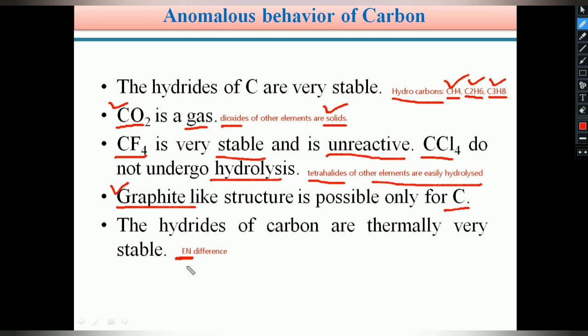We already know a smaller atom is stabilized by a smaller atom only. A smaller cation is stabilized by a smaller anion, and a bigger cation or bigger atom is stabilized by another bigger atom. So that is the reason the hydrides of carbon are thermally very stable. So students, these are some of the reasons carbon shows anomalous behavior when compared with the other elements present in the fourth A group.